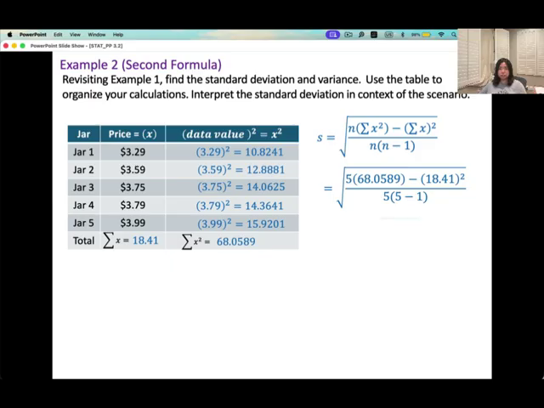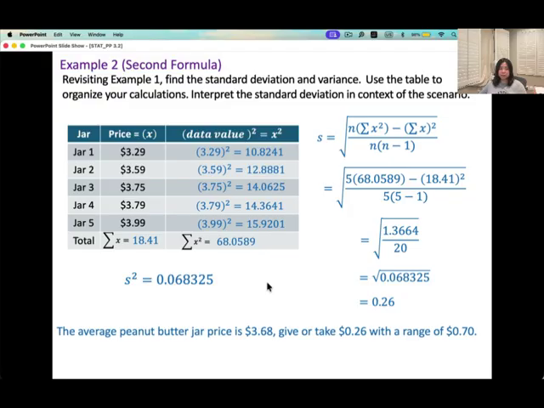Use your calculator. You will get the same answer as the previous example. Sample standard deviation equals 0.26, or 26 cents. Same idea, variance. Take the square of this guy, you're gonna get this here. That will be the sample variance. And then same thing, you interpret the standard deviation.